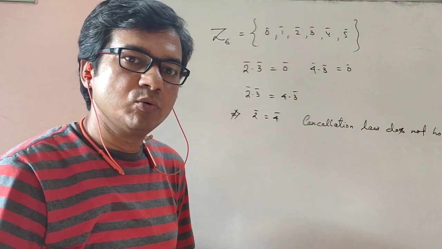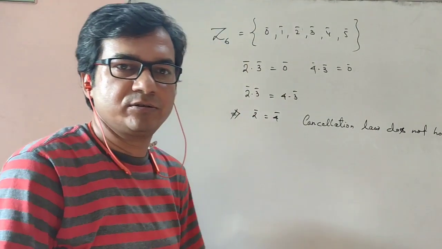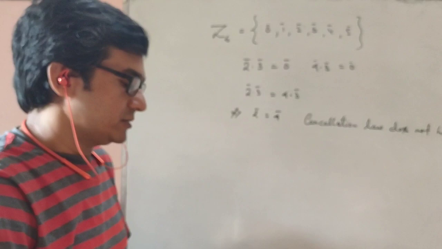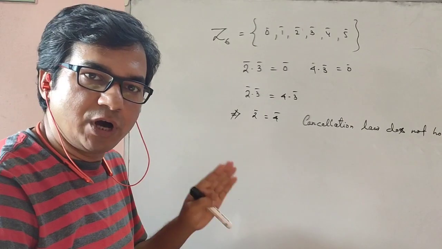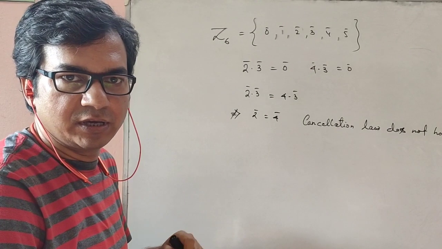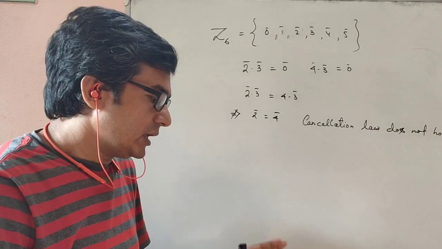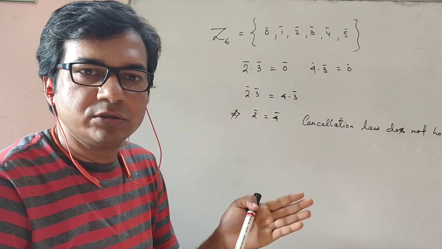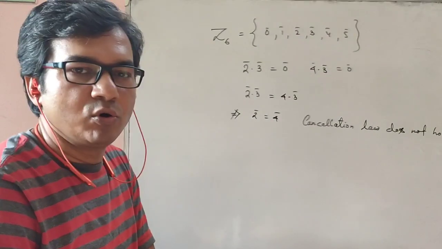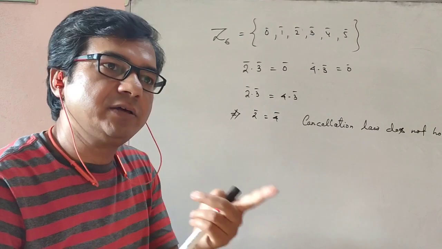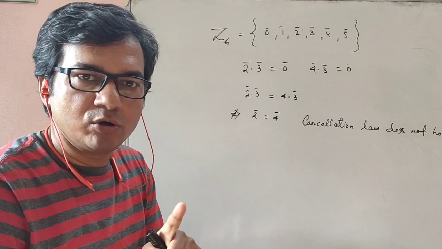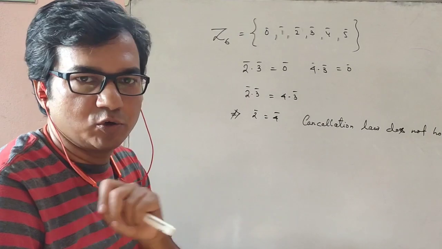Now we say that a ring without 0 divisor holds the cancellation law, or if a ring holds the cancellation law, then it must be without 0 divisor.